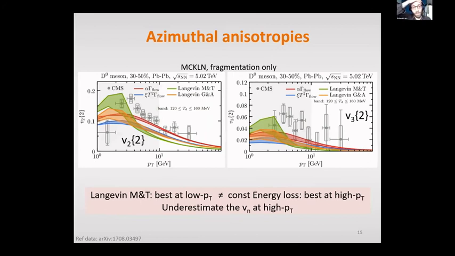For the azimuthal anisotropies, what we observed is that the Langevin Moore and Teaney model gives us the best results at low PT, while the constant energy loss model gives us the best results at high PT, and that in general we underestimate the Vn at high PT. The results I showed you here were obtained with MC-KLN initial condition and only with fragmentation. Tomorrow I will show you results with Trento and including coalescence, and you will see that we get much better agreement with the data.